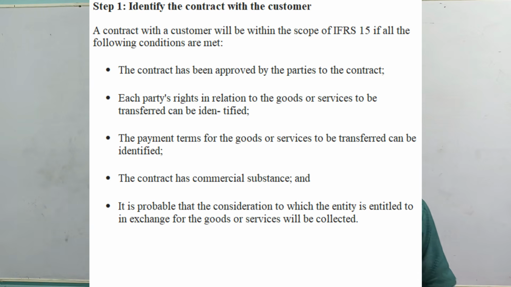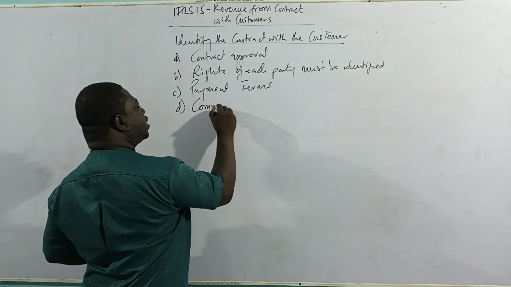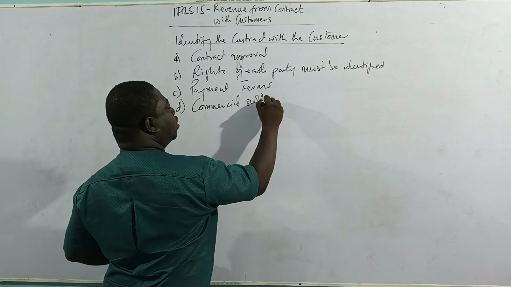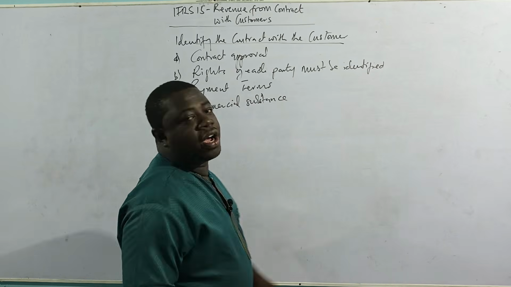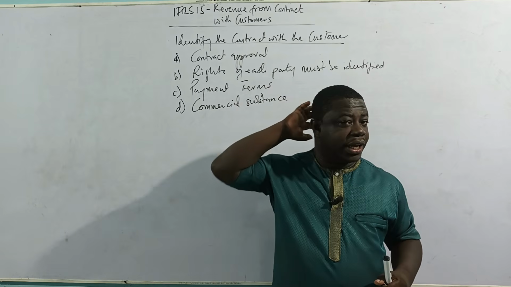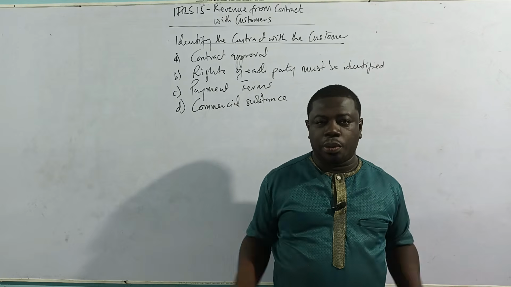Now, the fourth condition, since there are 5 conditions, is that the contract has commercial substance. There should be a commercial substance. The contract should have commercial substance. You cannot enter into a contract for recognizing revenue when there is no commercial substance.